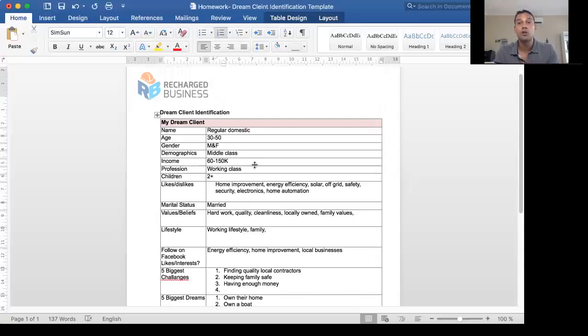This is you just creating a list of what you would want so badly out of every client. If you could rock up all day to this one particular client, what would they look like? What would they be interested in? What would they hate? This form is you just pouring it out on paper of what you wish every client who called you was interested in. Okay. So hopefully that is it.